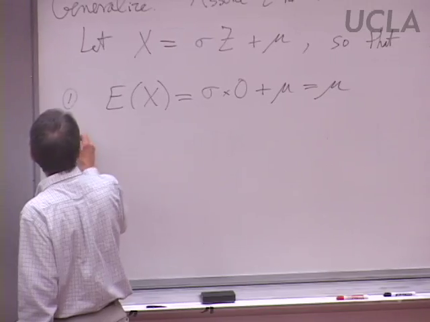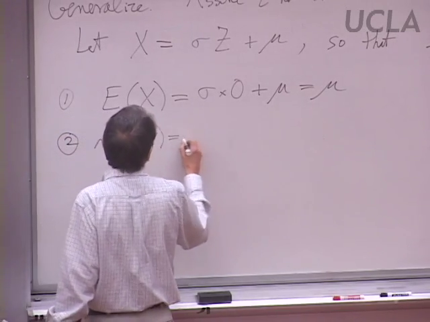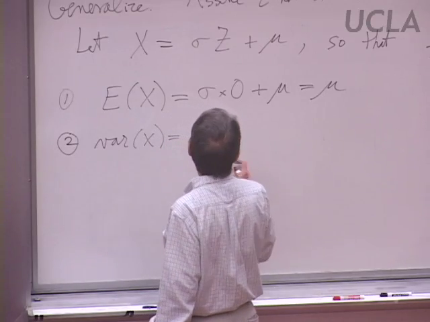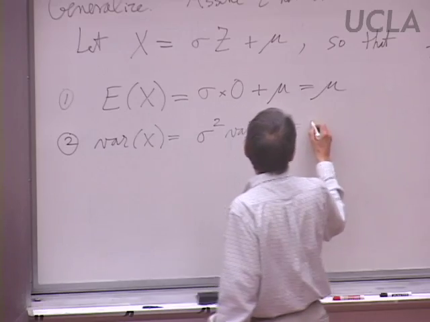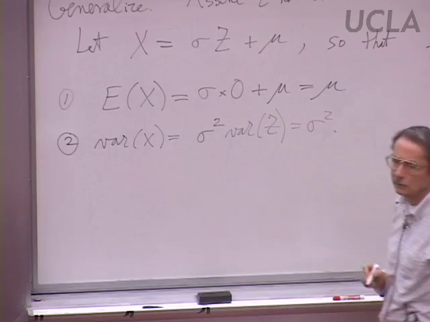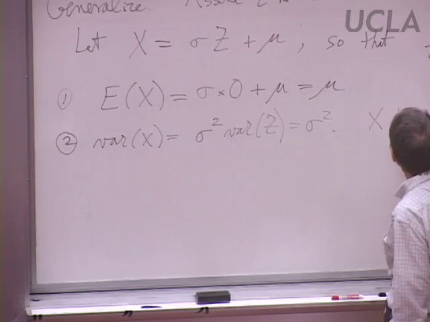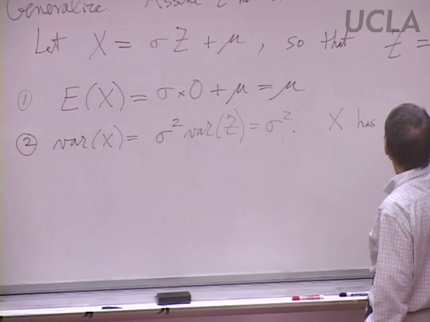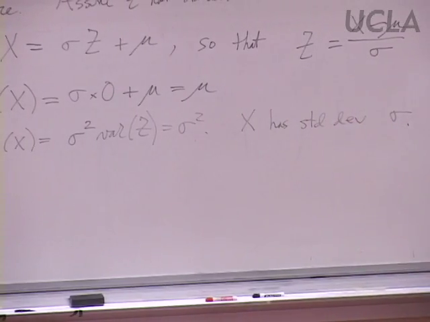And the standard deviation is sigma, that is, the variance of x is sigma squared times the variance of Z. In other words, it's sigma squared times 1. So x has standard deviation sigma. That's why we use the letter sigma.